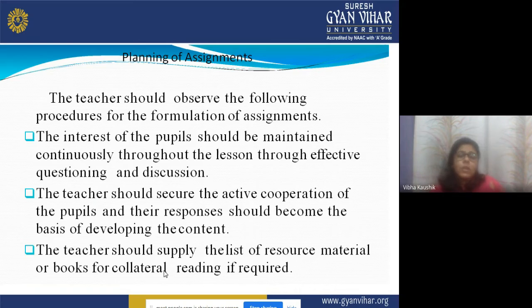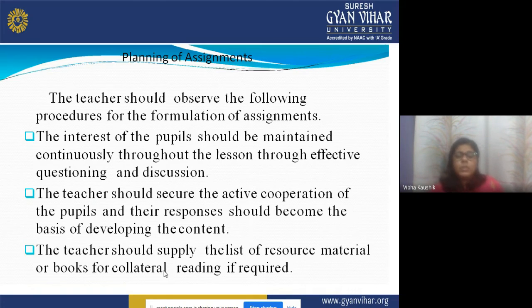on the topics. The teacher should secure the active cooperation of the pupil. Means the pupil should also cooperate with the teacher during the teaching learning process, and their responses should become the basis for developing the content which the teacher is going to teach.